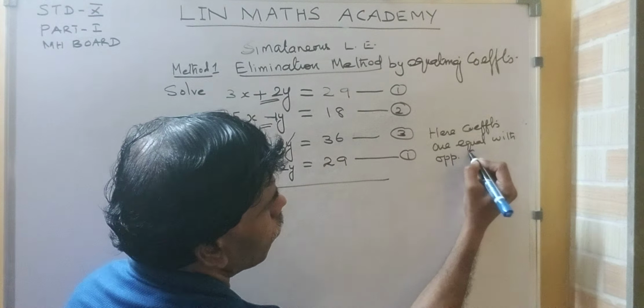So now you substitute the value of x. 3 into 5 plus 2y equal to 29. So 2y equal to 29 minus 15 equal to 14. So what is the value of y? 7. Right? So what is the solution? Solution is x comma y equal to 5 comma 7. This is the method of solving elimination by equating the coefficients, right?